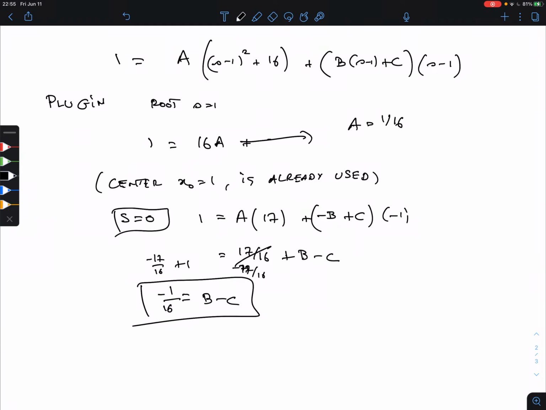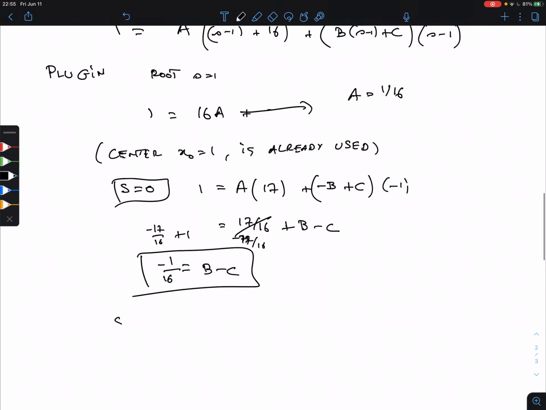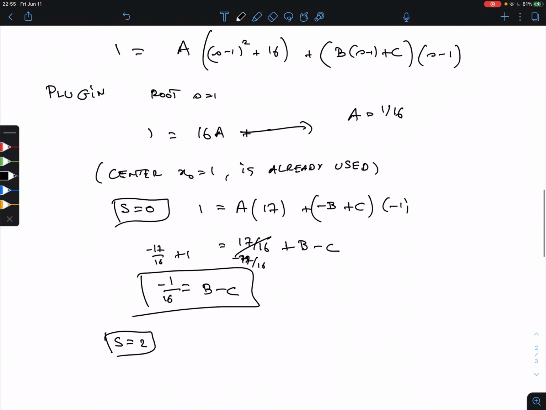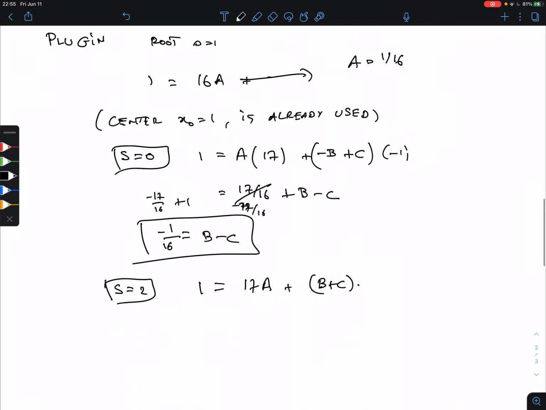That's only one equation. We know we have to plug in something more. Let's plug in s equals 2. Okay, then we get 1 is equal to 17a again, plus b plus c times 1. So 17a, a was 1 over 16, so 17 over 16 plus b plus c.